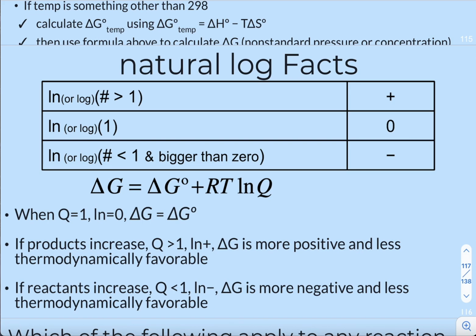If it is 1, the log or natural log will be 0. And if it's between 0 and 1, then it's going to be negative. So that's just something to keep in mind if you don't have a calculator on those types of multiple choice questions.